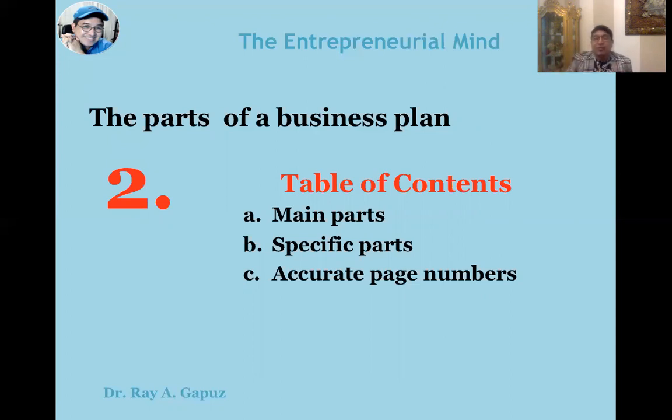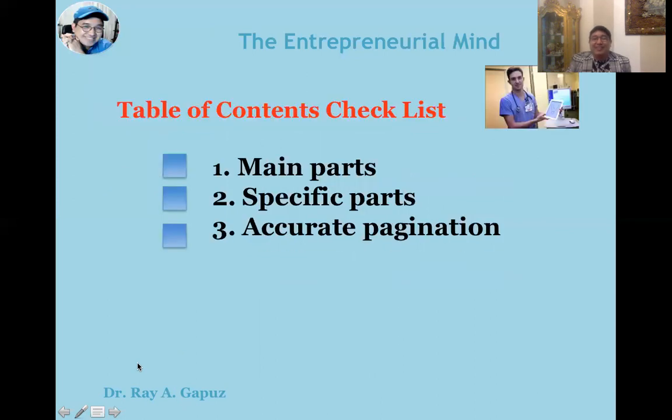So it's very, very important that you first print it and check it against the table of contents that you have prepared and the printed page that bears the page number. In that case, you won't miss out on the most important part that really annoys a business plan reader. Okay, so the table of contents checklist includes your main parts, specific parts, and accurate pagination.